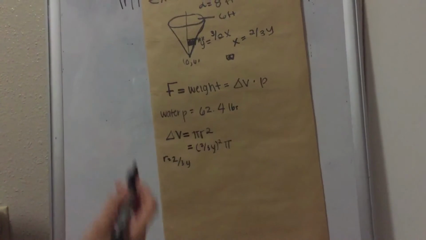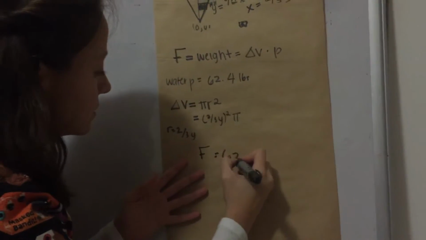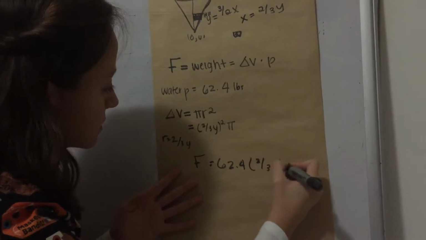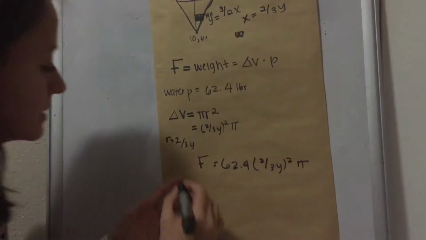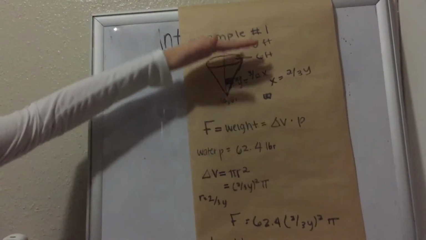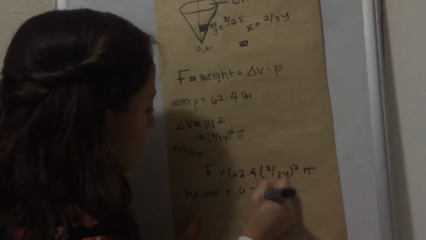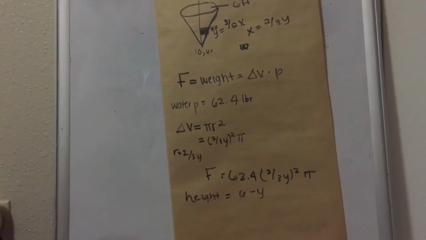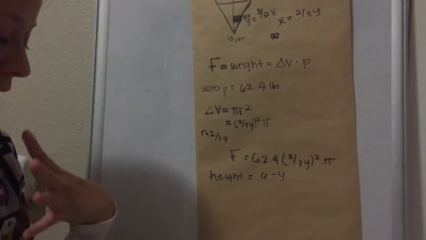Okay? So our force in turn is going to be 62.4 times 2/3 y squared pi. Now our height is always the top minus the bottom, so it's 6 minus whatever y is, 6 minus y. So that's the height. Now, with this information, we have our force and our height. We can move on to the actual problem.